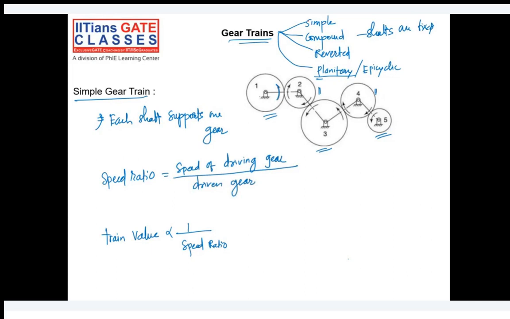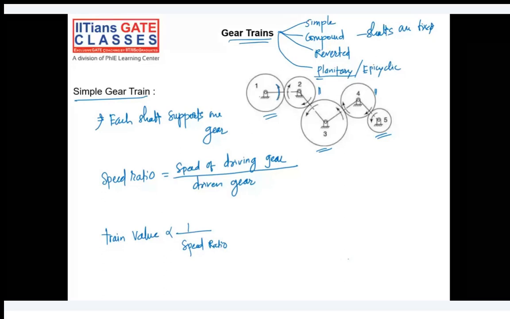Whenever you are in a gear train, don't use the pinion and gear terms. Whenever we have two gears, we use pinion and gear terminology, because one will be smaller and the other larger. But in gear trains we have more gears, so using that terminology will not be helpful.